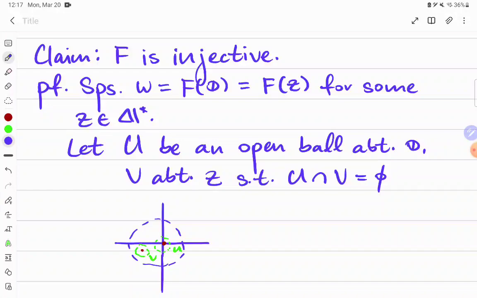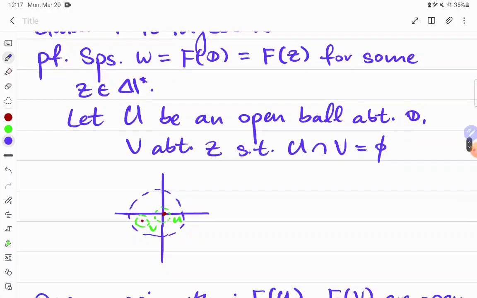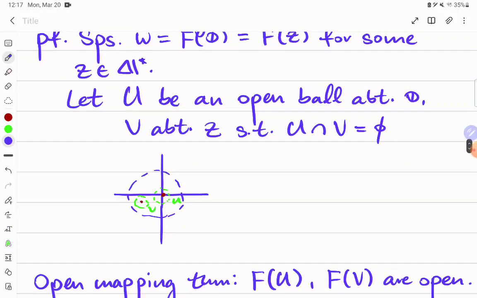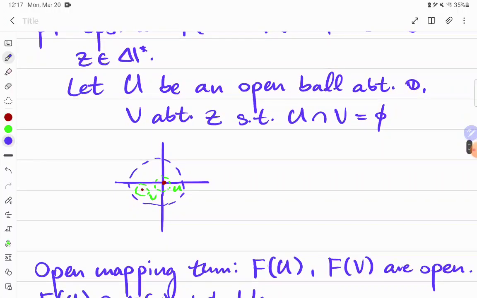Now we can consider the two open sets as well as their images under F. So we're mapping the whole sets u and v under F. And we can ask the question, what can we say about these two sets, F of u and F of v? Well, the first thing to notice is that by the open mapping theorem of complex analysis, both F of u and F of v will be open.